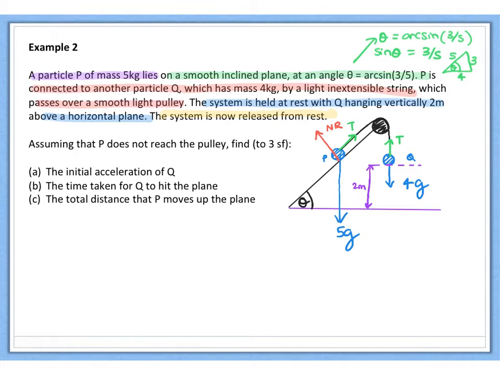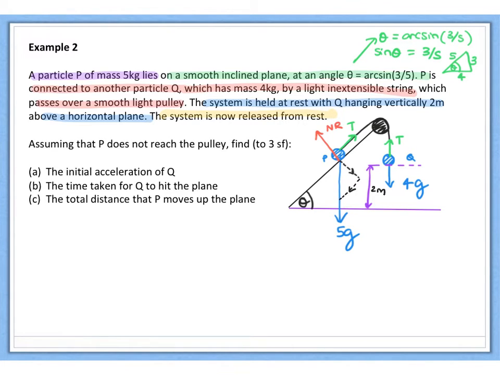Now, let's have a look at analysing the motion, making sure that we draw in the components of the weight. So if I draw in a component of the weight perpendicular to the plane like that, let's make a little bit of space here, that 2 meters can be over there. And then let's draw a component of the weight parallel to the plane like that.